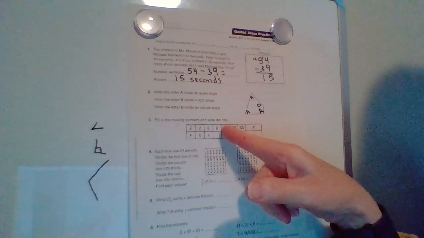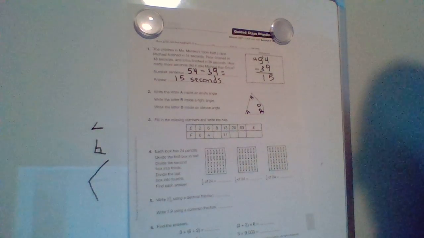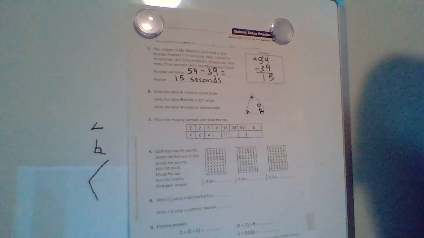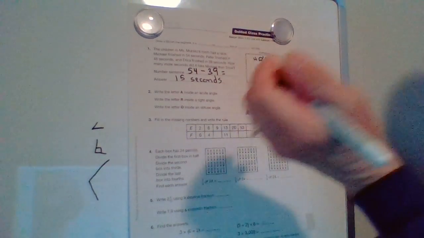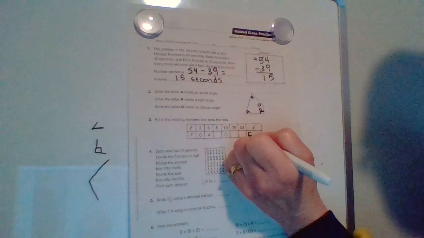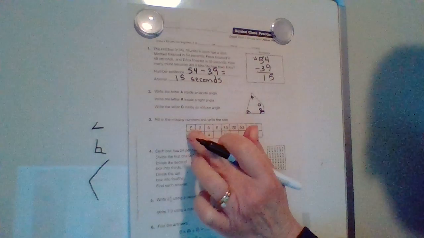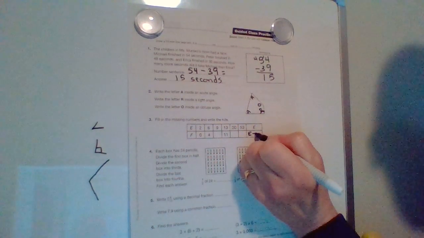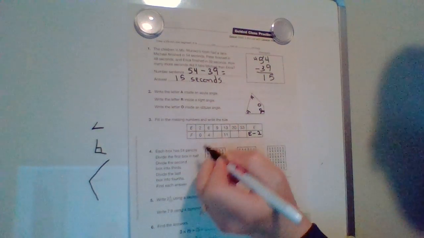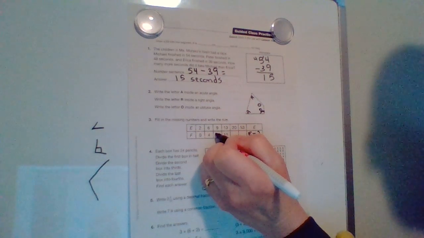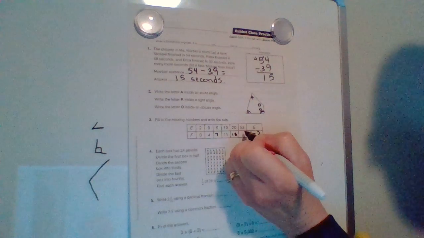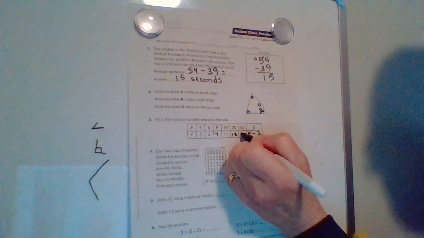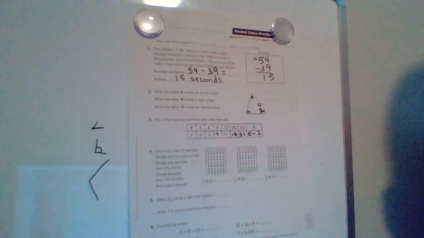So let's check this one. 13 minus 2 is 11. I think we have discovered our rule. So we're going to put E, because that's row E, minus 2. So 9 minus 2 is 7, 20 minus 2 is 18, 53 minus 2 is 51.